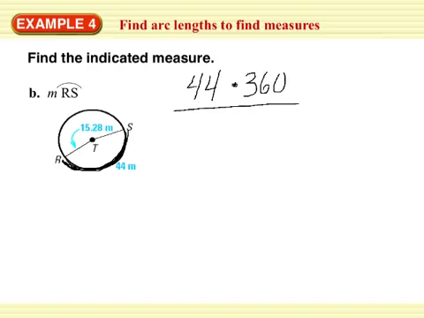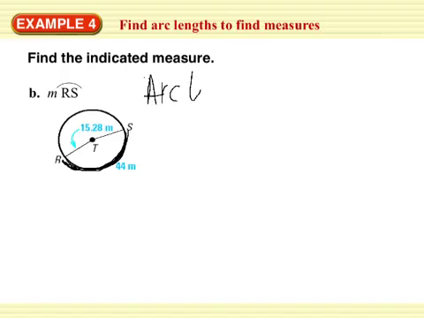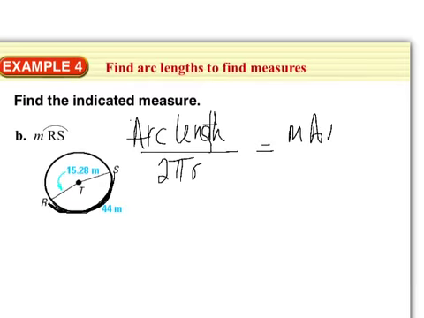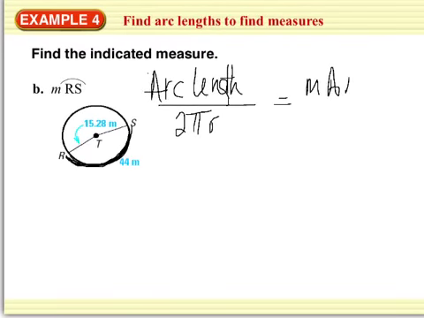Oh, for goodness sakes. Erase. Let's write down the original corollary. The original corollary says arc length over 2 pi r equals the measurement of the arc, which is RS.